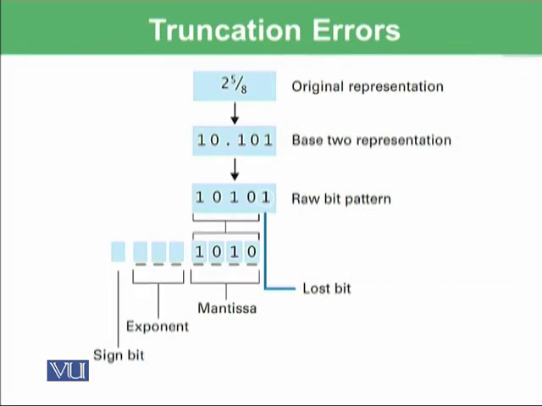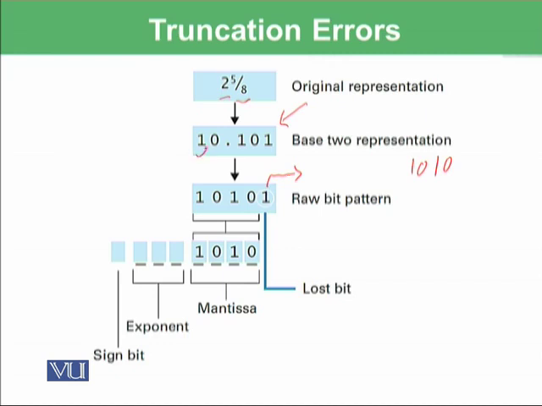We want to store 2 whole and 5 by 8 as a fractional number. If we translate it, we will get 10.101. In our example, we had only 4 digits for the mantissa, so we can store 1010, but the last bit cannot be stored in the mantissa, as we start from the left side.